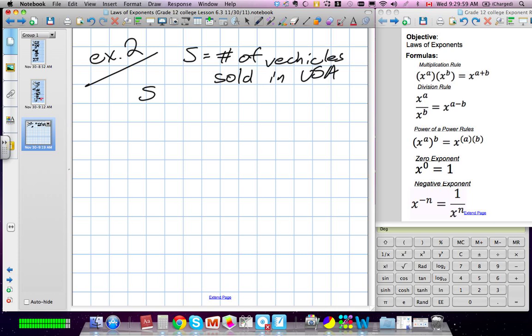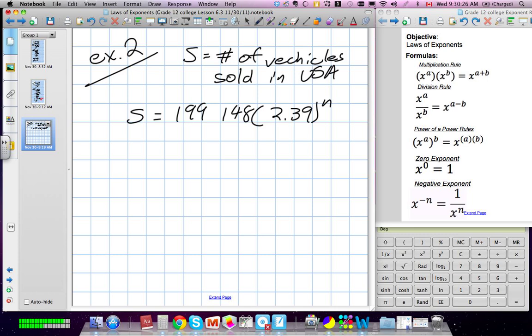S is equal to 199,148 multiplied by 2.39 to the power of N. So we have our equation modeling number of vehicles sold in the US.